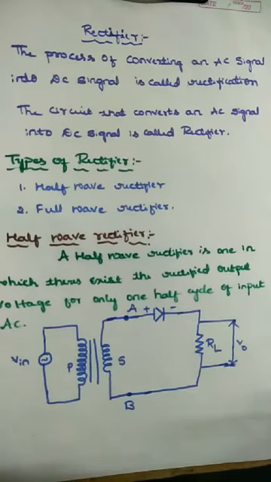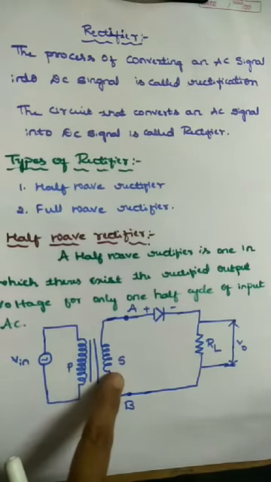Always remember, this is a step down transformer. A transformer is usually used to transform the alternating current, and there are two types: the step down transformer and the step up transformer. In this rectification process we use the step down transformer, in which the number of turns in the primary coil is more than in the secondary.